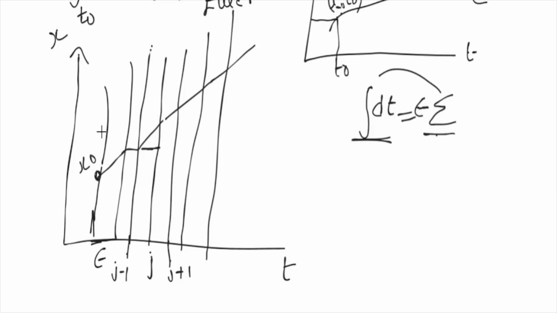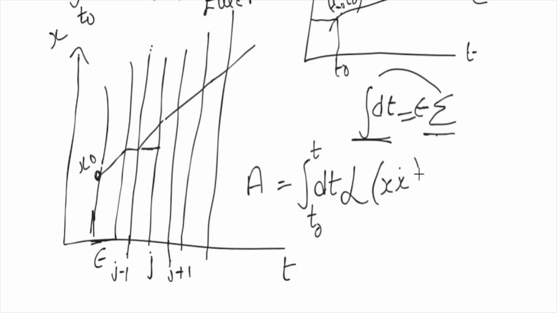So what is the action now? The action A is equal to the integral from t naught to t of dt times the Lagrangian of x and x dot.